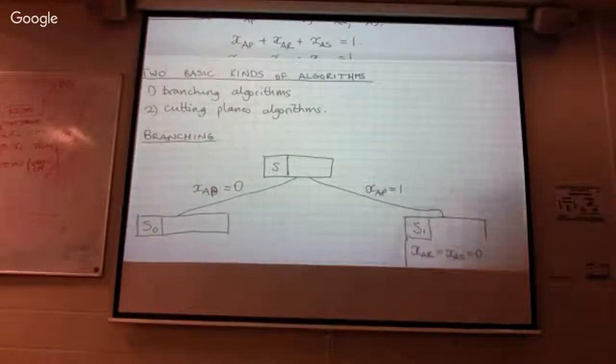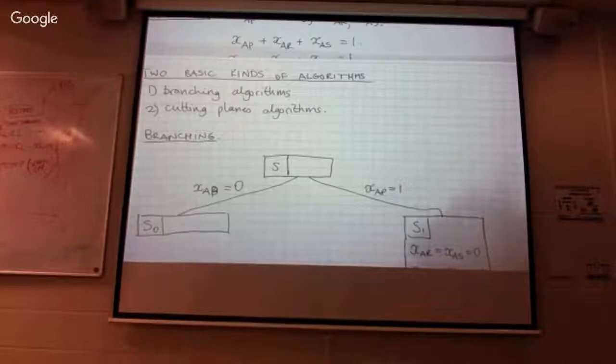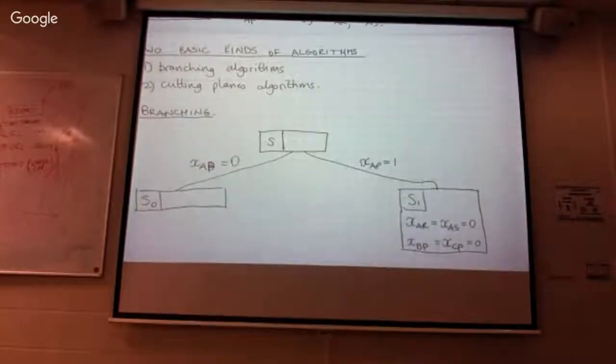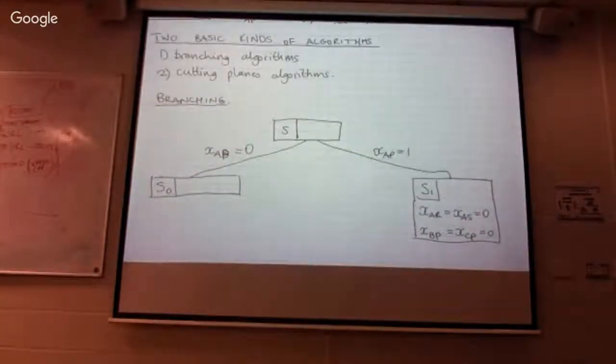And then similarly, XBP and XCP are also 0, because there's another constraint that says that XAP plus XBP plus XCP is 1.